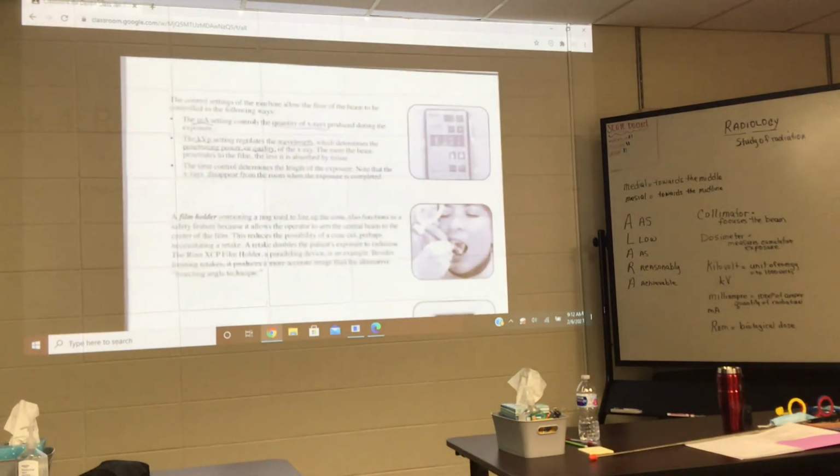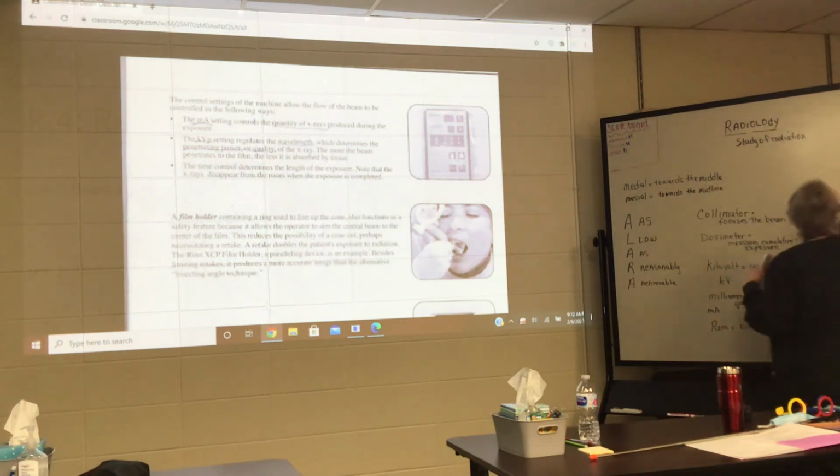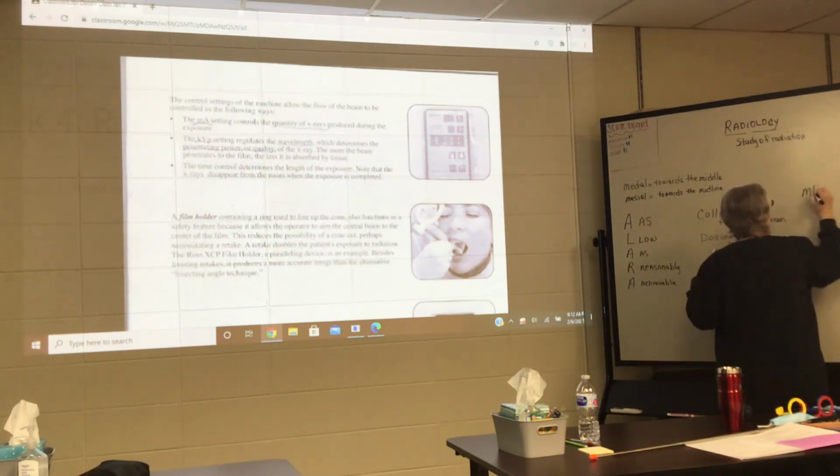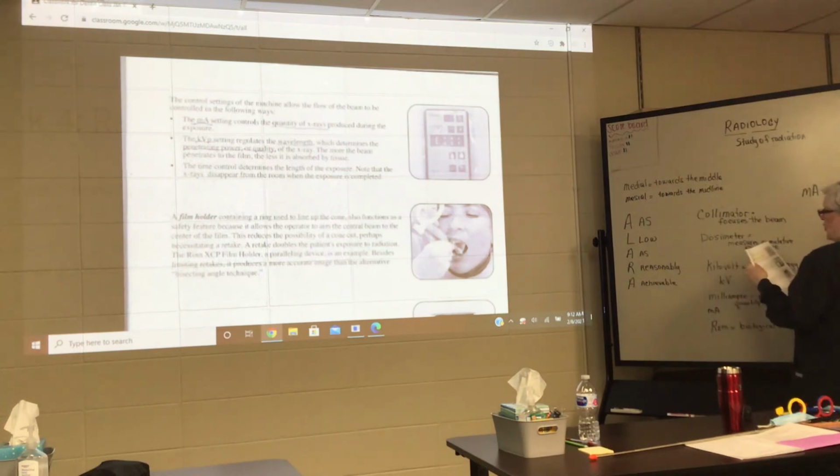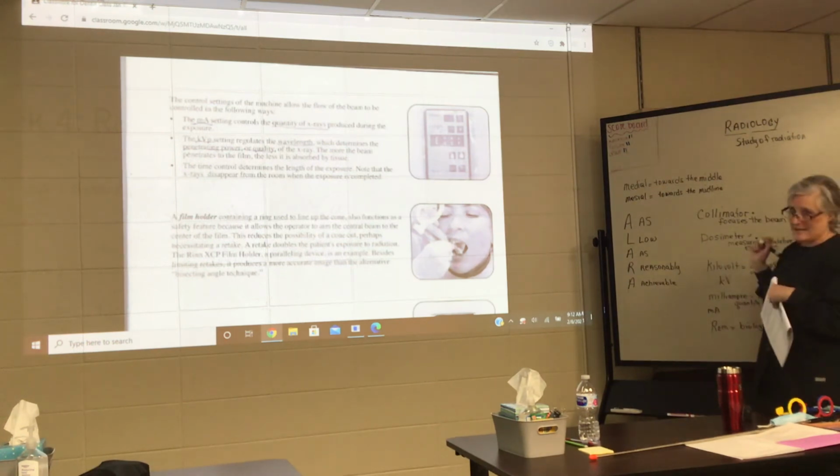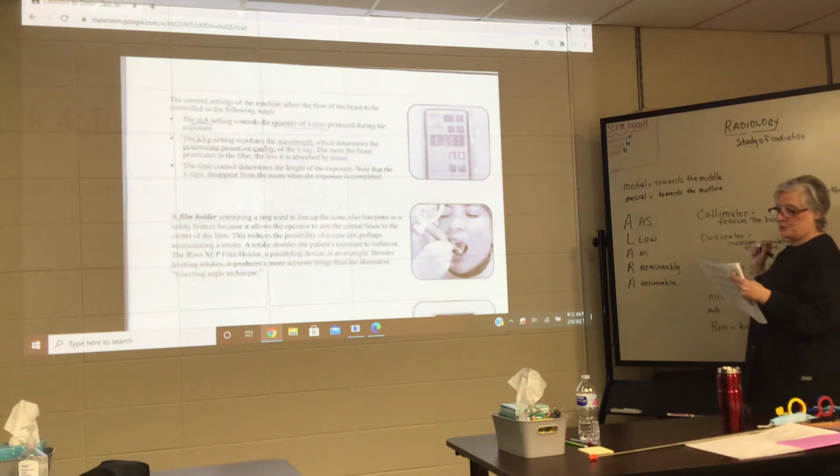Control settings. Control settings of the control panel. I said that's where you control your KV and your MA, remember, back in the other room? So, the MA setting controls the quantity, how many of the x-rays are produced during an exposure.